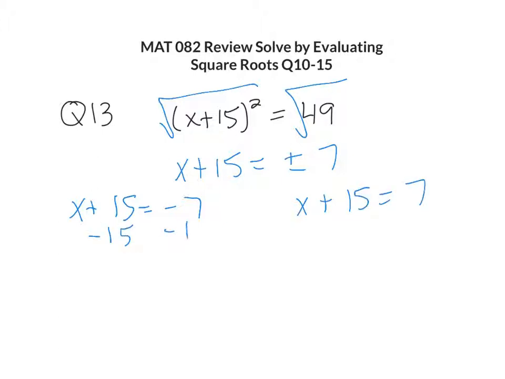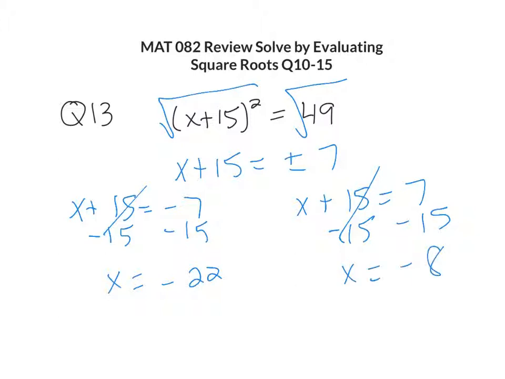We're going to subtract 15 from both sides in both equations. I'm left with x equals negative 22 and x equals negative 8. So I'd write this x equals negative 22, comma negative 8, and put our curly brackets around it. That's set notation, so that means the different possibilities there.